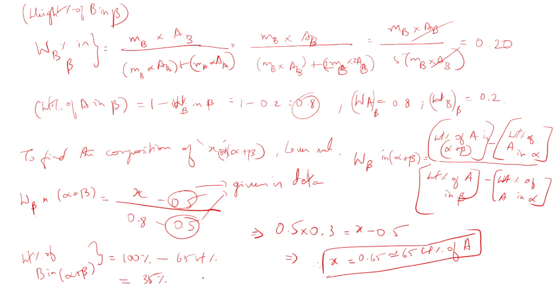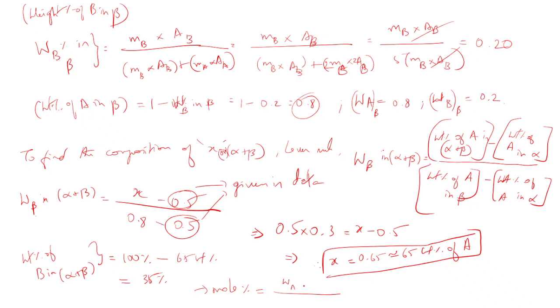Okay. So we have found the weight percentage in terms of A and B, but now let us convert it into mole percentage. To convert to mole percentage, all you have to do is the same formula as we saw before.